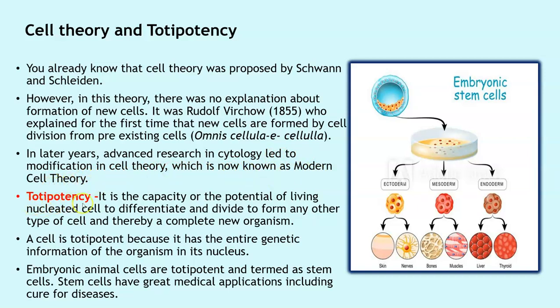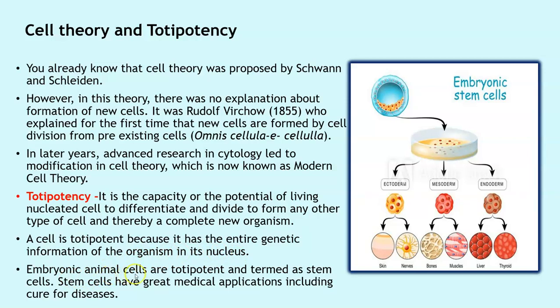Then students, we need to know a phenomenon called totipotency. It is the capacity or the potential of a living nucleated cell to differentiate and divide to form any other type of cell and thereby a complete new organism. A cell is totipotent because it has the entire genetic information of the organism in its nucleus.